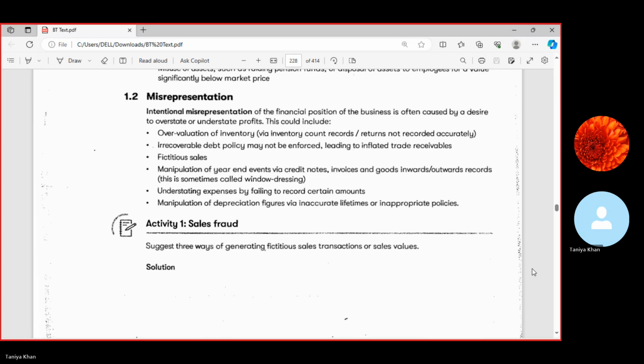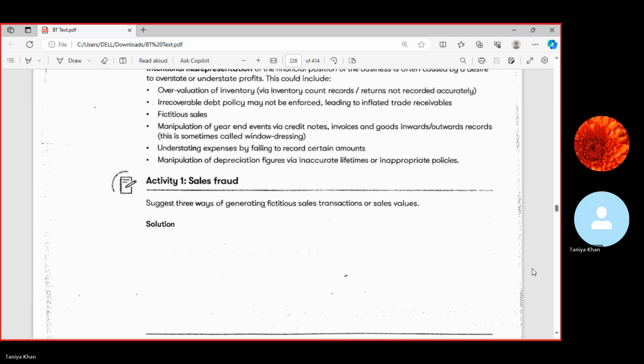Understating expenses by failing to record certain amounts. Sometimes some expenses we have incurred, but we don't record them. So definitely our expenses will be understated. Manipulation of depreciation figures via inaccurate lifetimes or inappropriate policies. Depreciation figures can sometimes be manipulated. If an asset has a lifetime of say 10 years, but we are showing it as a lifetime of 15 years, it will have an effect upon the value of depreciation.